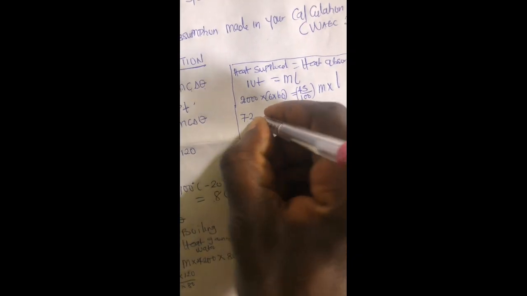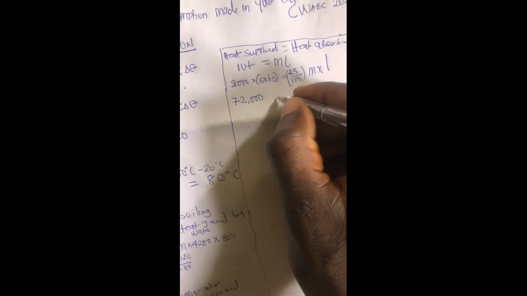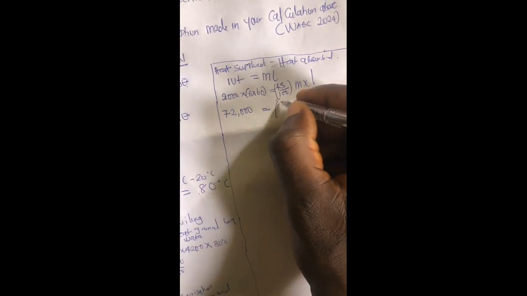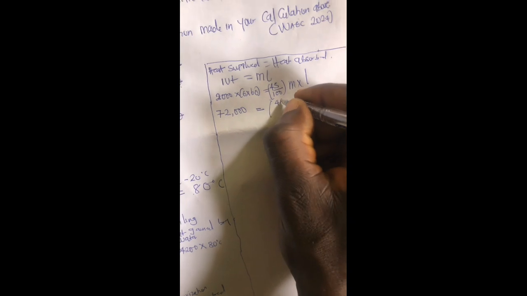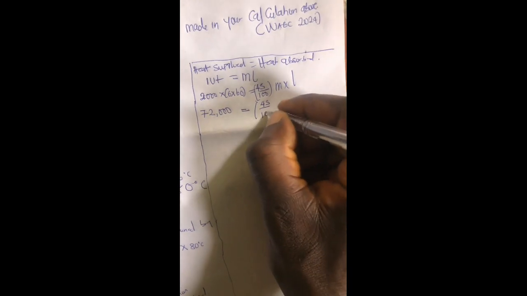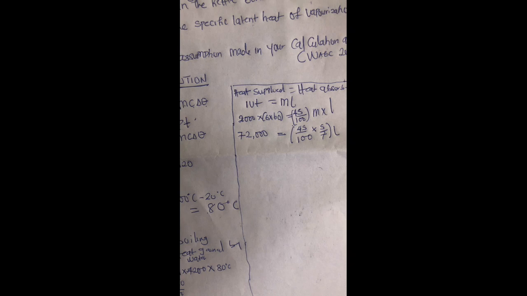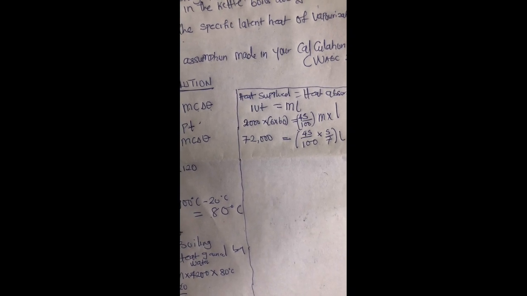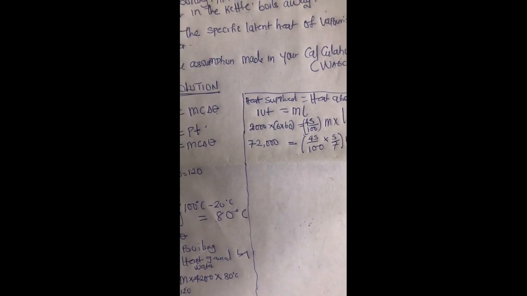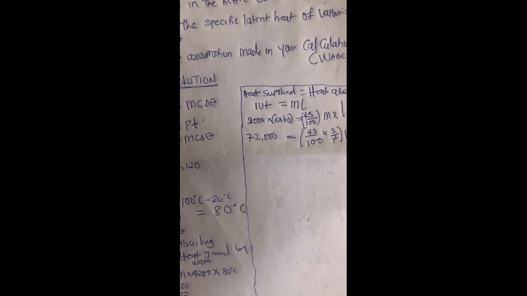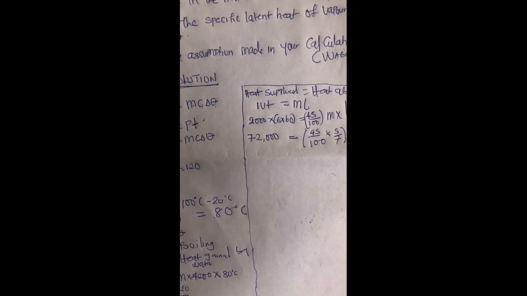So if we now multiply this, you have 72,000 equals 45 divided by 100 times the mass, times 5 divided by 7, times L. I believe this is very clear and elaborate. So let's progress and see what we are going to have.